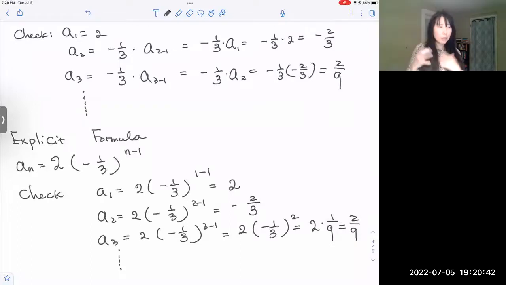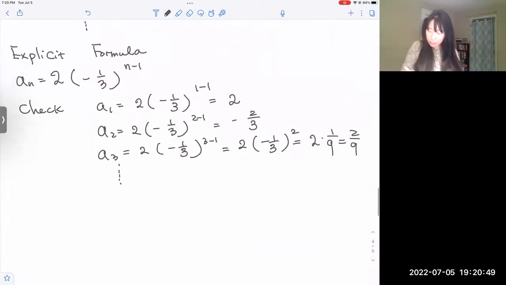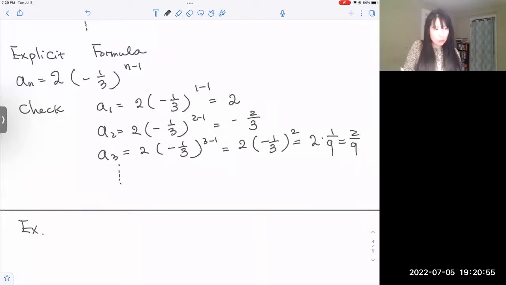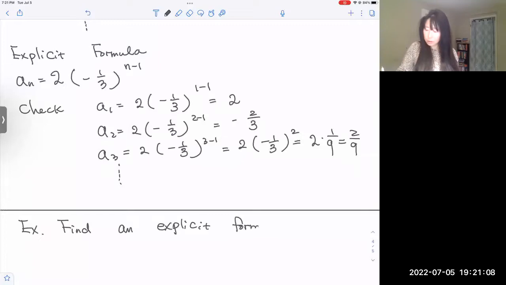Now, let us find the explicit formula here. Find the explicit formula for the nth term.